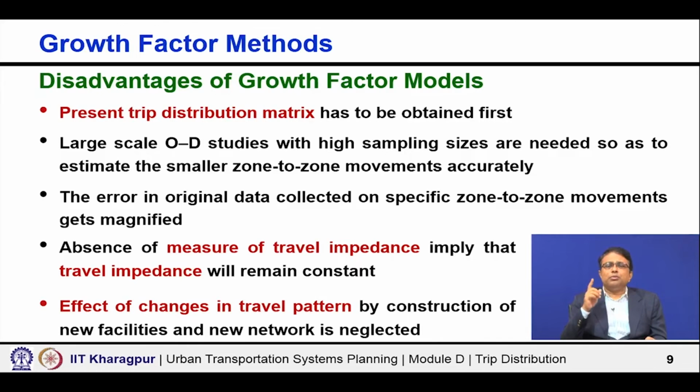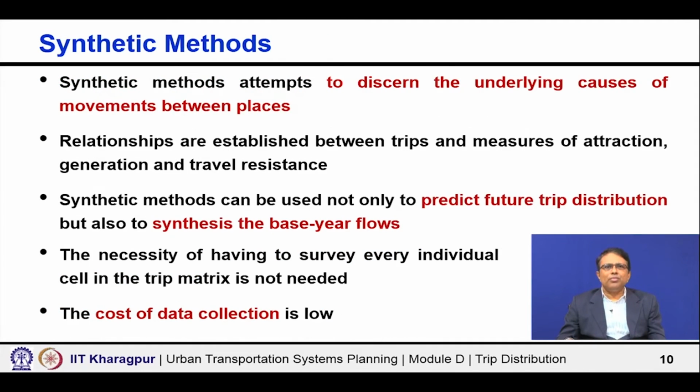Of course, it can happen for other reasons, but one major reason is the change in the travel pattern or the change in the infrastructure. So any impact on the transport network, we are grossly ignoring. The main problem of the growth factor based model, or the key consideration, is that it does not consider the reason for travel.